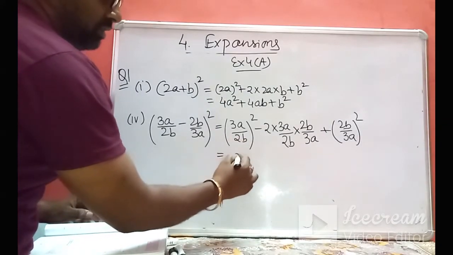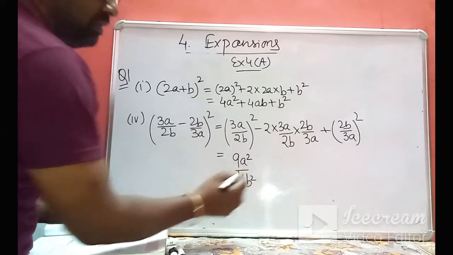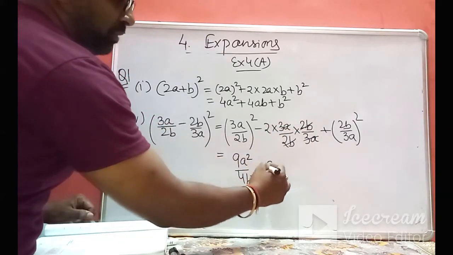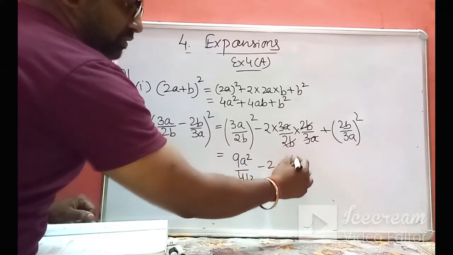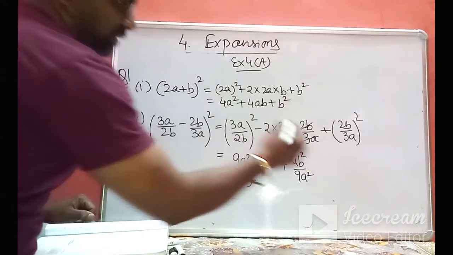So it becomes 9a square upon 4b square, and this can be simplified. Whenever it can be simplified, you have to simplify it, plus 4b square upon 9a square.